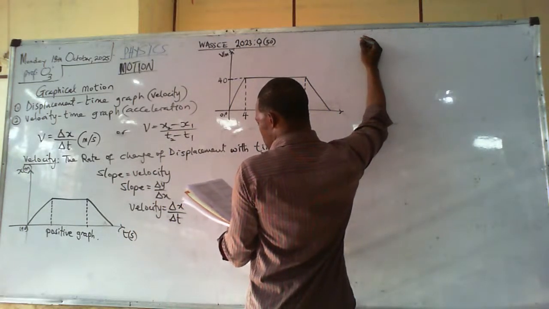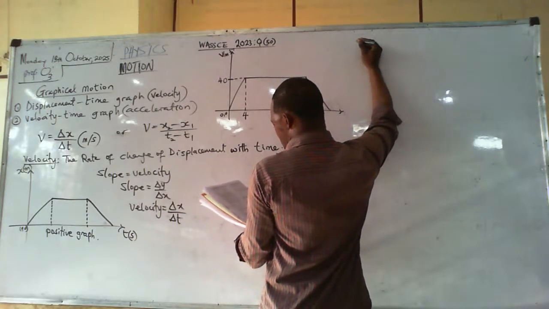The diagram below illustrates the velocity graph. Determine the distance between x and y.